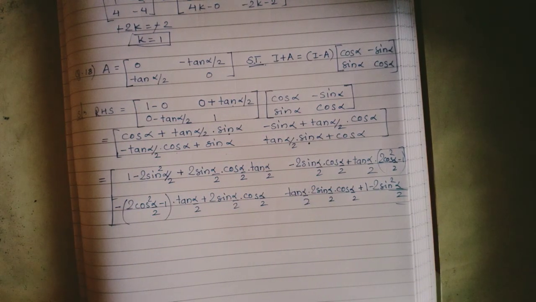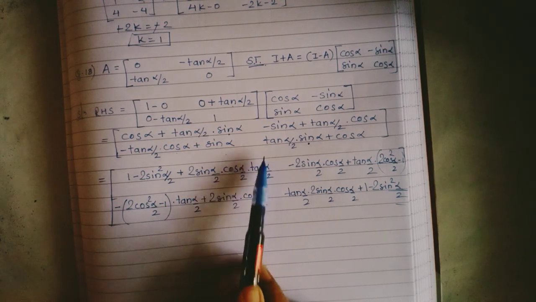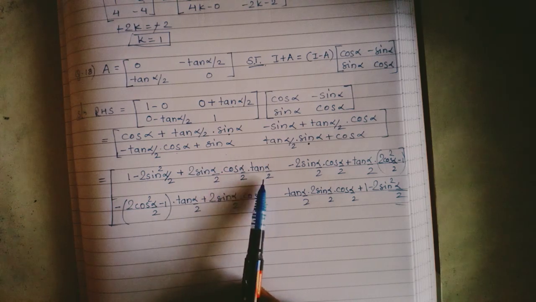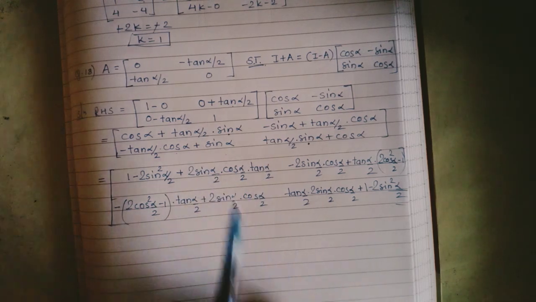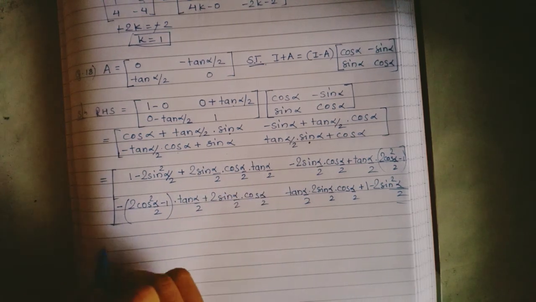Now you have to cancel the elements. Here you can see that tan alpha can be written as sin upon cos, right? So cos and cos gets cancelled and you will get here sin into sin, which is sin square alpha by 2, right?